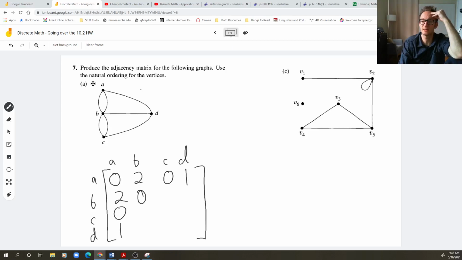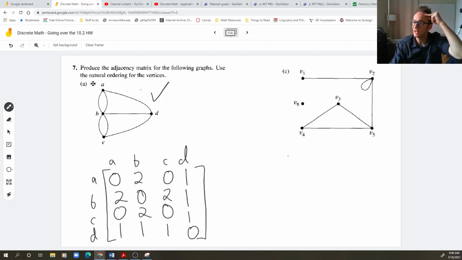From B to C? 2. From B to D? 1. From C to C? None. From C to D? 1. And from D to D, 0. So that is the adjacency matrix for this graph.